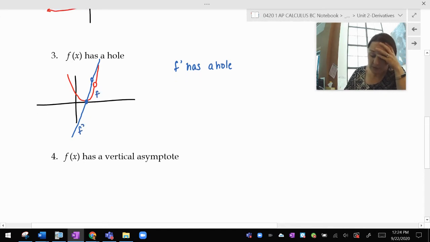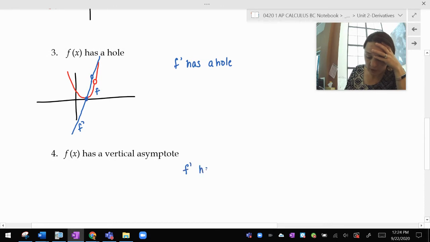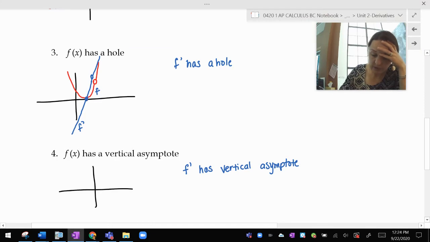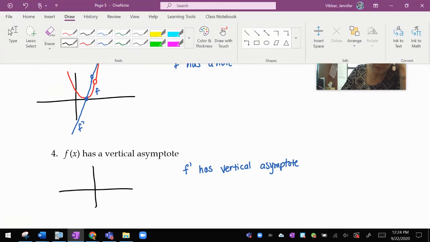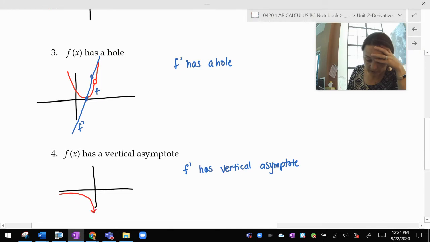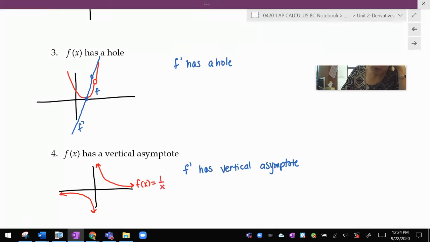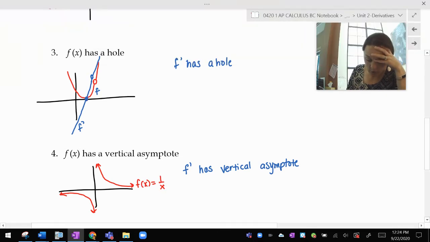And if f has a vertical asymptote, then f prime has a vertical asymptote. So let's say f of x is the function 1 over x. When I go to graph f prime, 1 over x on the left here is going shallow and downward and then steep and downward.